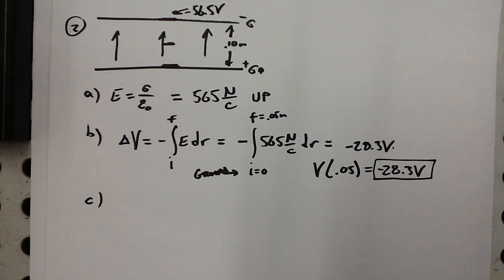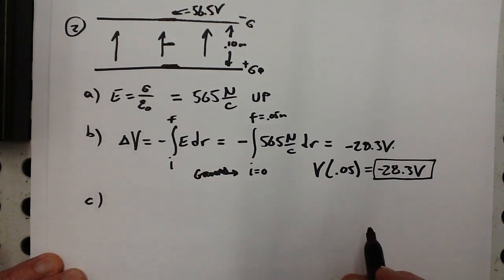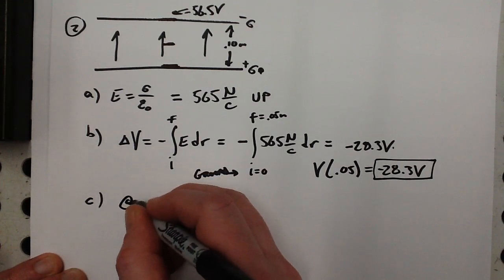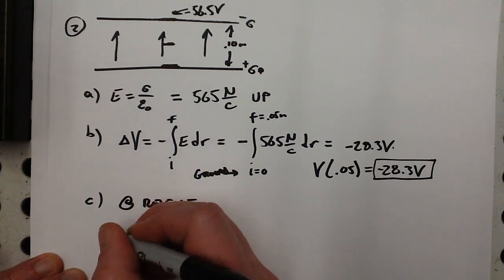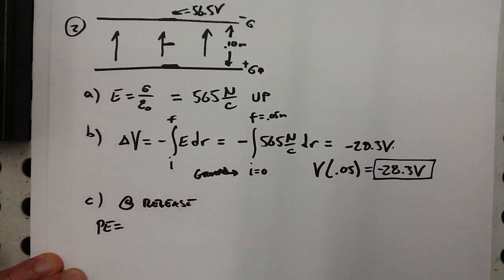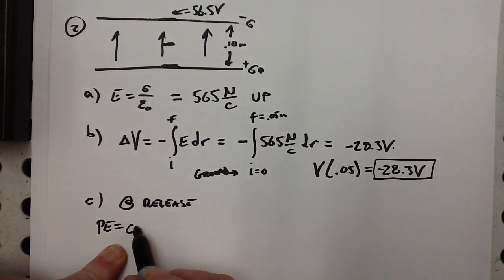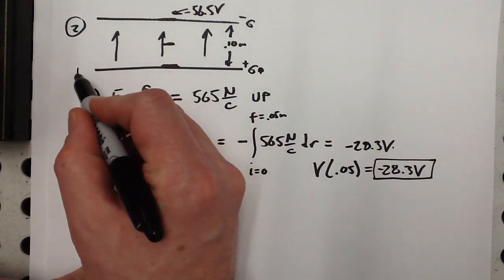So if a proton is released at the positively charged plate, what will its velocity be when it reaches the other plate? And we're going to take an energy approach. Mechanical energy is conserved here, so at the release, the potential energy of the proton here is going to be 0 because that's where we chose our ground.